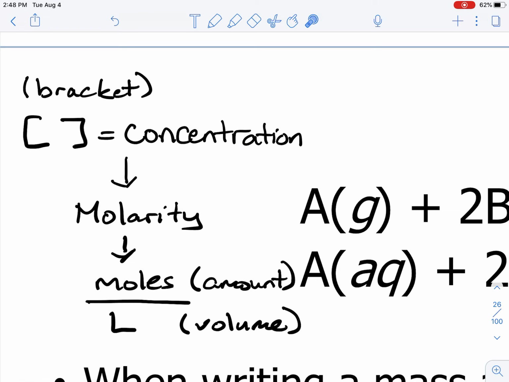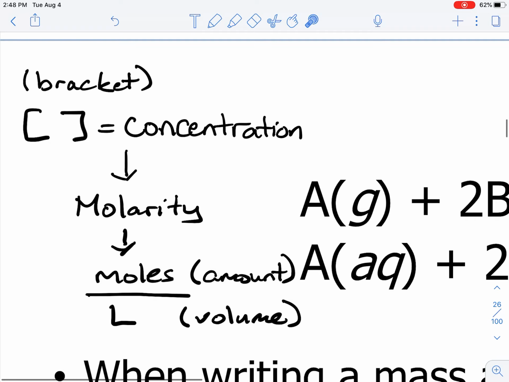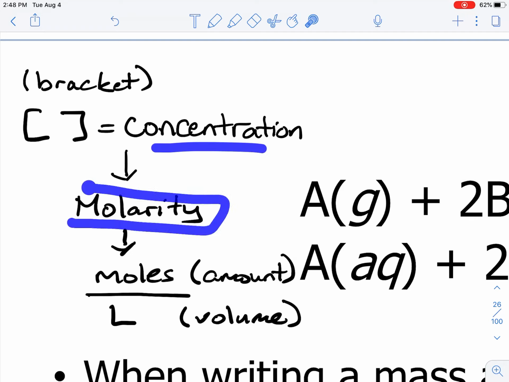we need to understand how the physical state of matter of that substance affects the concentration. We're able to better understand that if we look at the units for concentration. We know that concentration is typically expressed in molarity units.